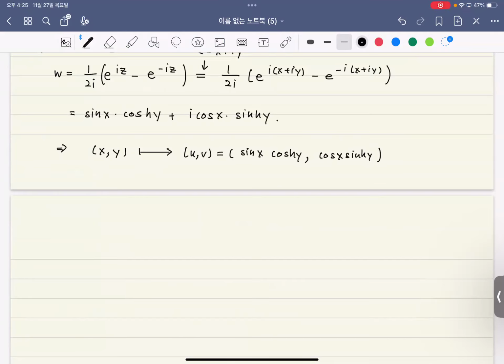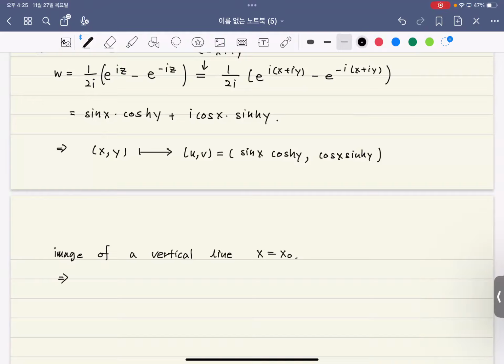Okay, so what is the image of any rectangular region in the xy plane? For that discussion, we will need to consider the image of any vertical line and the image of any horizontal line. Suppose that I have a vertical line, say x equals x0.